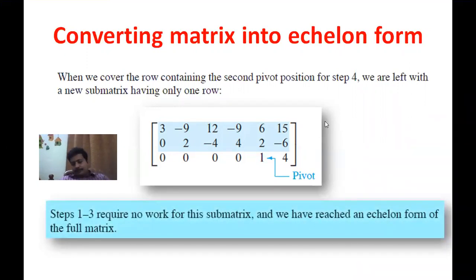Here you can observe that this is the leading entry and the entries below this one are zeros, and this is my second leading entry, pivot position, and the entry below this entry is again 0, and in the third row this is the leading entry, this is the pivot position. So now this matrix is in echelon form.